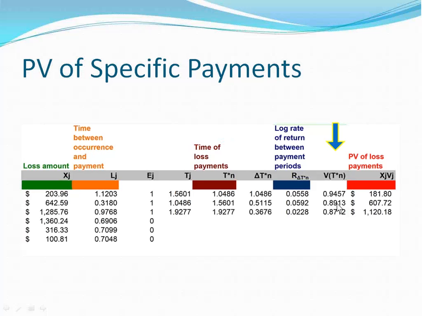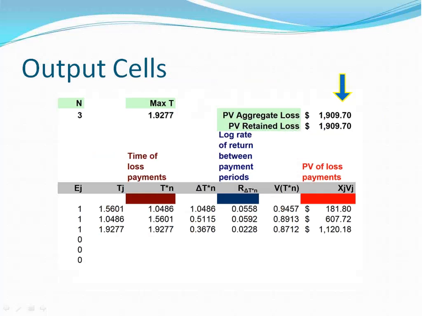We do that using the VLOOKUP function to identify this amount, and the product is what we register in that last column. That is done for all of these items, and we aggregate the present value of each of the payments, and we come up with the present value of aggregate loss payments.